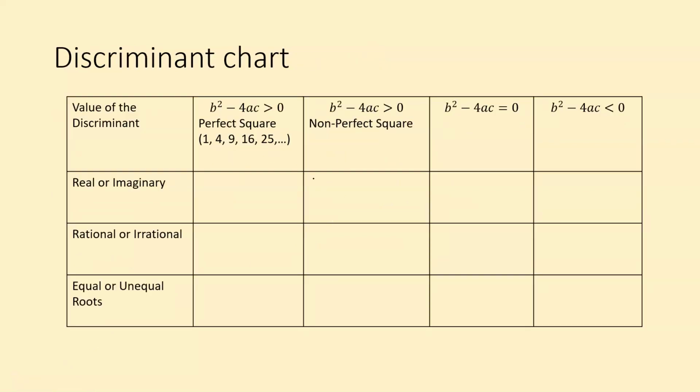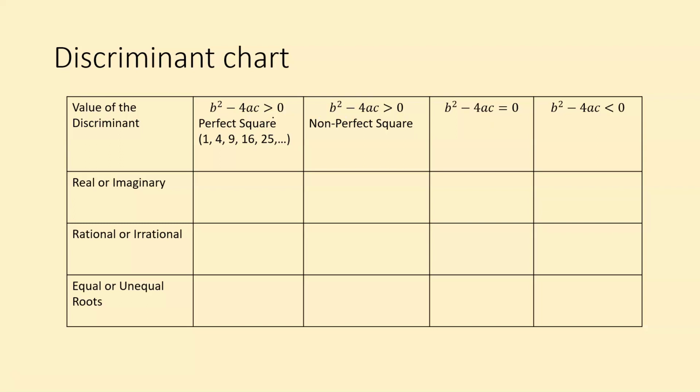So I have a chart or a table for you to fill out. Make sure you copy this table down exactly like I have it and fill it in along with me. We have 4 different types of discriminants.